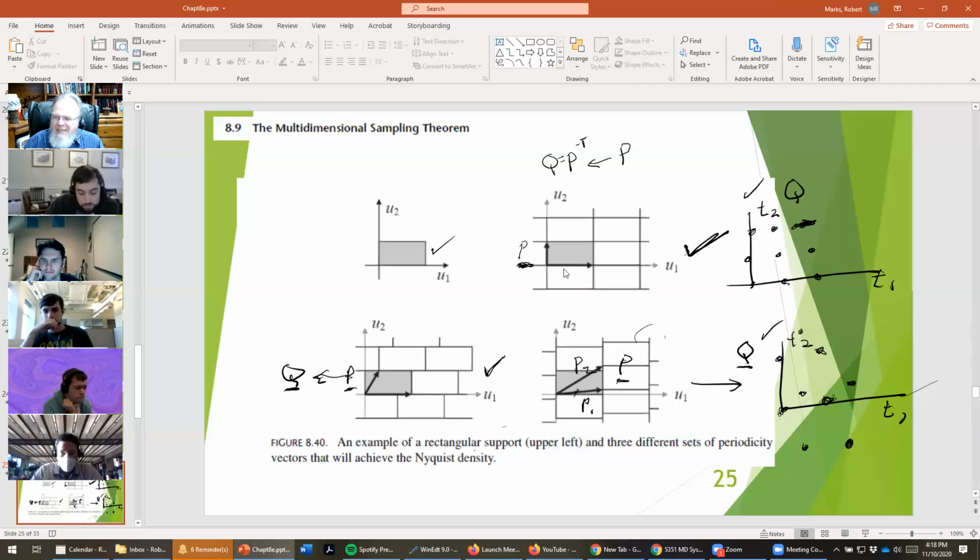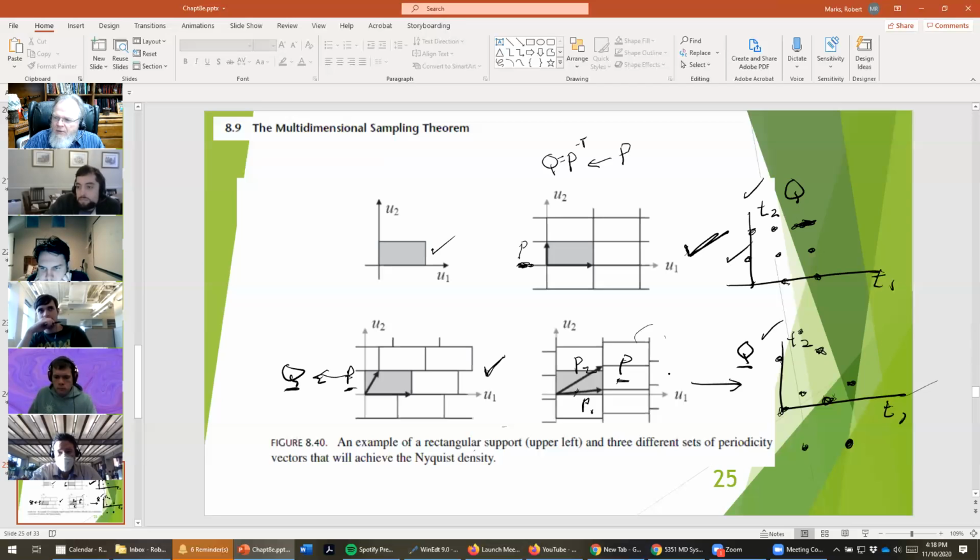Each one of these P's has a corresponding Q. That Q dictates the manner that we sample in the time domain, in the T1, T2 domain, if you will. I'm using time in a very general sense. For this value of P, we're going to use this sampling geometry.